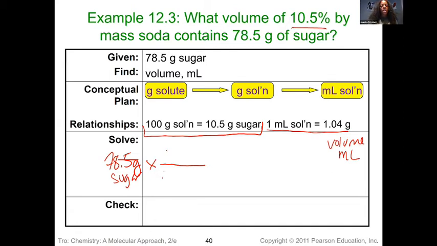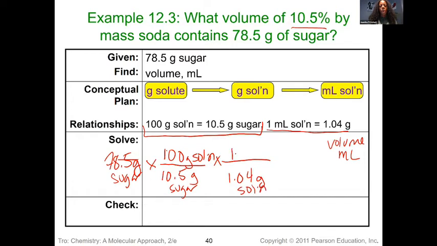So we would say 10.5 grams of sugar on the bottom, because we want to get rid of that, to 100 grams of solution on the top. And then we would go from grams of solution. Well, now we know the density is 1.4 grams of solution for every 1 milliliter of solution.